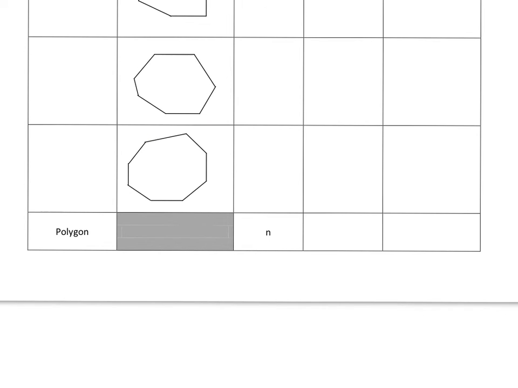Okay, my next one had 1, 2, 3, 4, 5, 6, 7 sides to it. If I pick a vertex and join my other vertices to it, altogether I have 1, 2, 3, 4, 5 triangles. So I'm going to have 5 groups of 180 degrees.